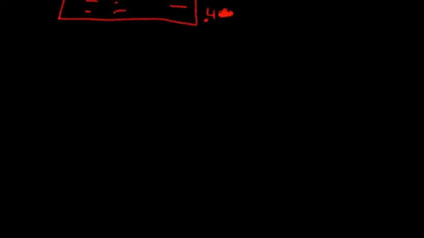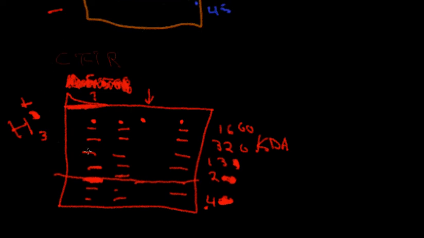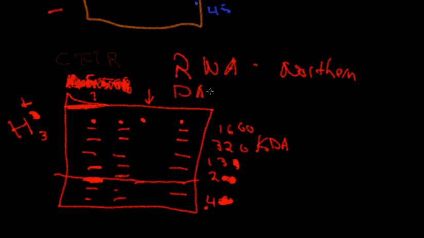Or we can look specifically at the gene itself if we're doing mutation analysis. And we can run out on the same agarose, this time DNA, and we can do essentially all of the same tests we did up here. Okay, so if we're doing it with RNA, that's a northern. You can do it with DNA, that's a southern.